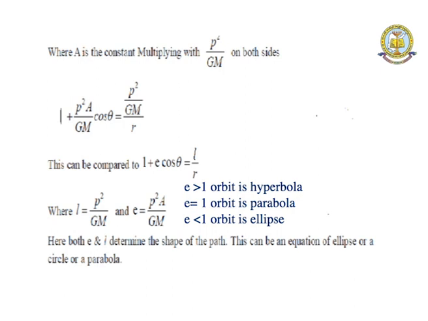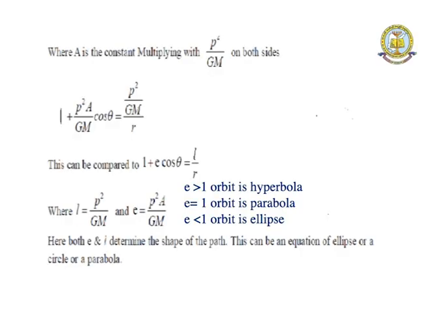Substituting these values, the equation simplifies to 1 plus E cos theta is equal to 1 by r. This is the Kepler's first law equation. In this equation, if E is greater than 1, then the planet is revolving around the orbit in a hyperbola shape. If E is equal to 1, the orbit is a parabola shape, and if E is less than 1, the orbit is an elliptical shape.